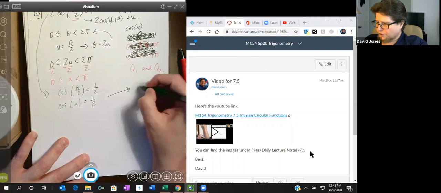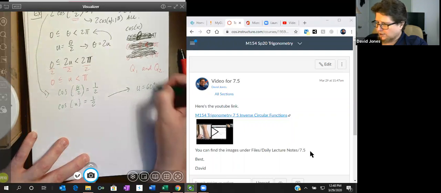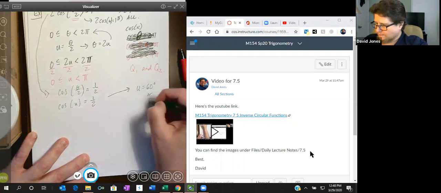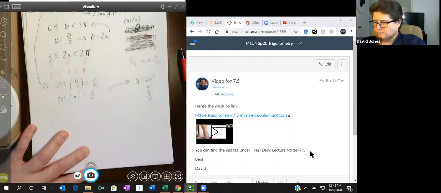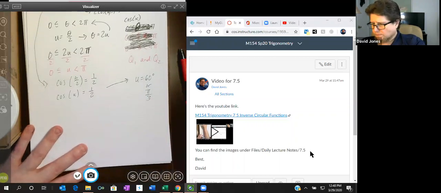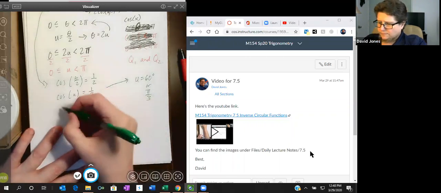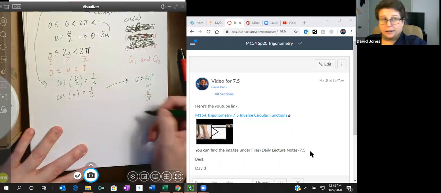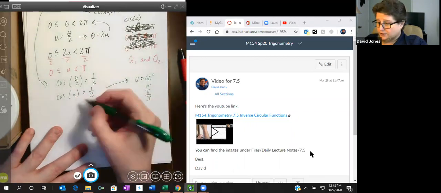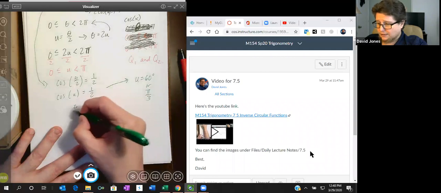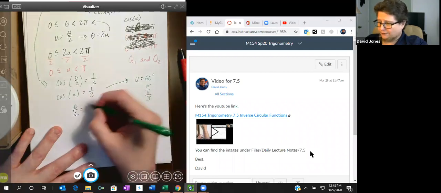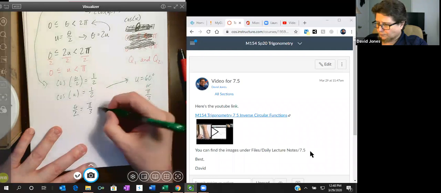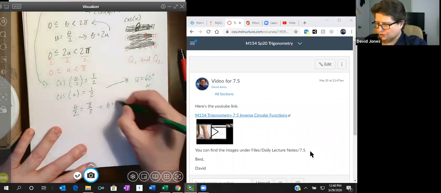This is when u equals 60 degrees or pi over 3. But I don't want u, I want theta. So theta over 2 has to equal pi over 3, which means theta equals 2 pi over 3.